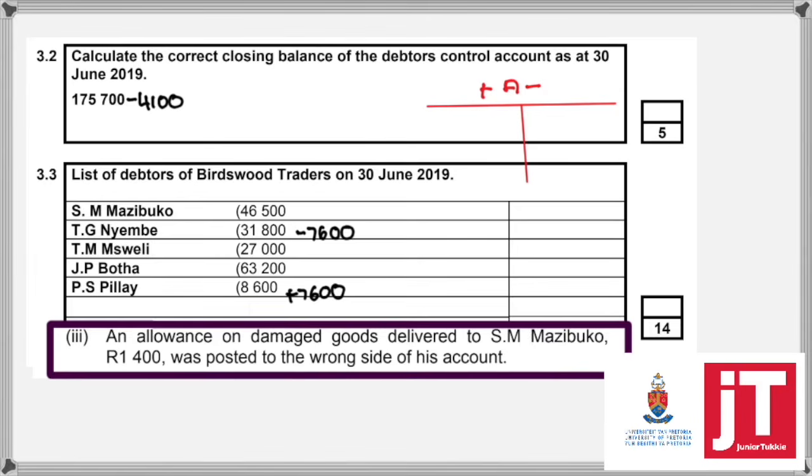So if you're not sure, always open a T account. It will take you 2 seconds. It was incorrectly posted to the debit side because it should have been credited. So to correct this, we need to take it out. But by taking it out, we've only cancelled the transaction. Now we still need to show the goods that were returned.